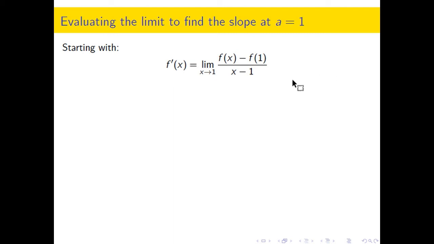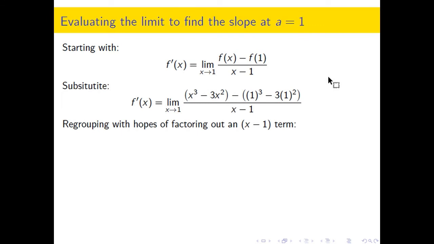The second approach was to use limits directly to find the slope at a equals 1. So we're going to take the limit as x approaches 1, right, because a equals 1, of f of x minus f of 1 over x minus 1. Again, we're going to substitute using the function rule, and we're going to do the same thing as before.